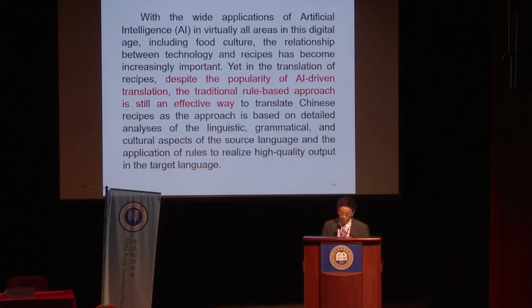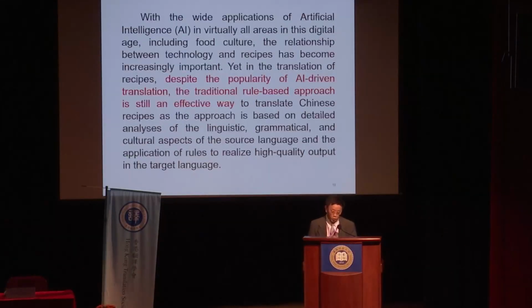Nowadays AI is on the lip of everybody. Everybody's talking about AI and so on and so forth. But despite the popularity of AI-driven translation, I believe that the traditional approaches, including rule-based approach, is still an effective way.